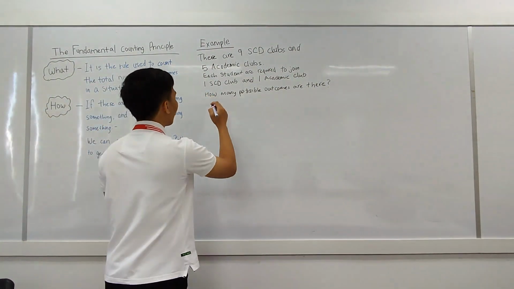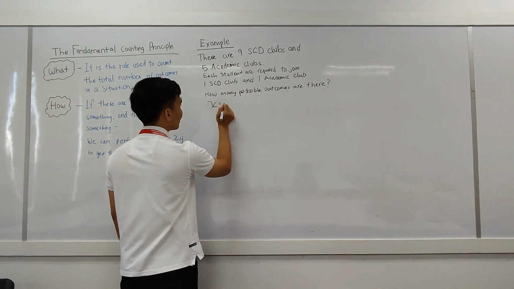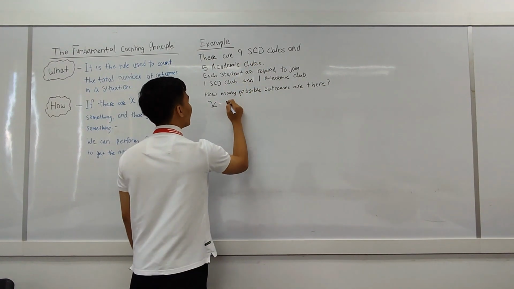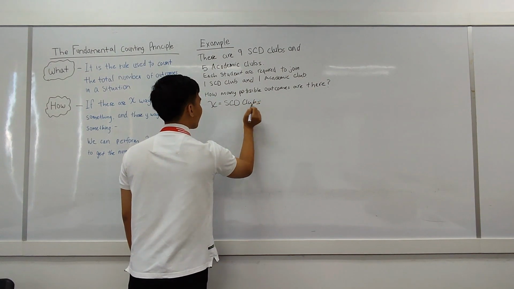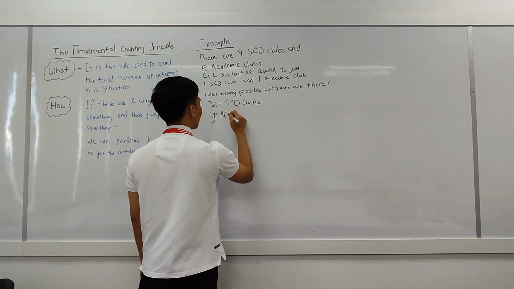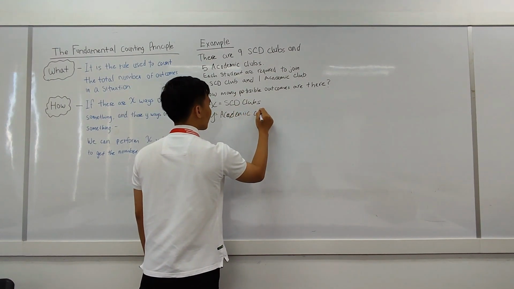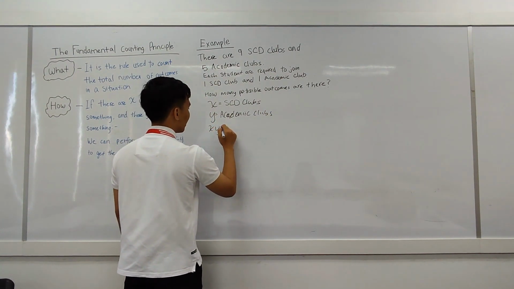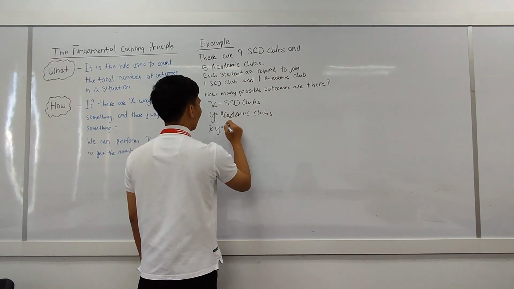As we have done before, let's assume X is SCD club, Y is academic club, and XY is the outcome.